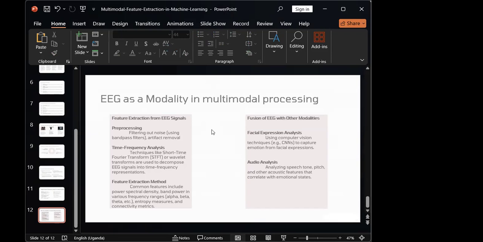This is feature extraction from signals. As we know, EEG deals with brain signals, how your brain reacts or responds to different environments and actions, regardless of how you as a person express yourself through facial expressions or body language.